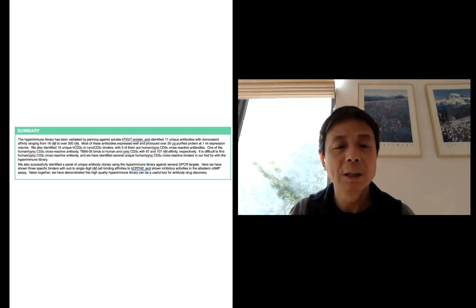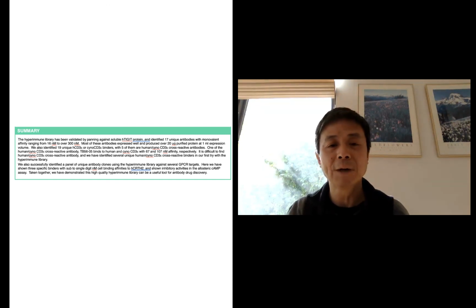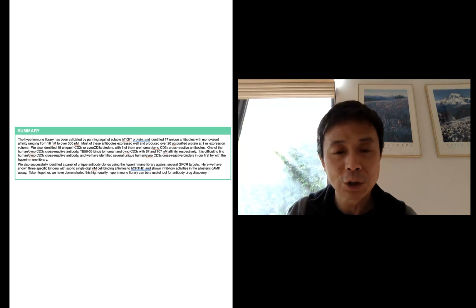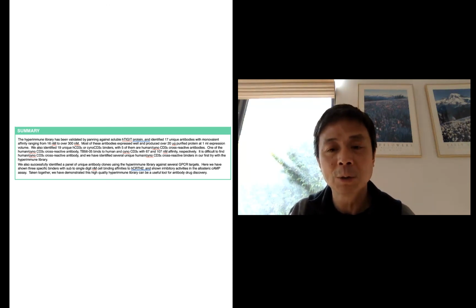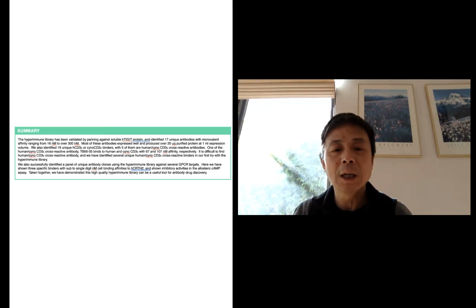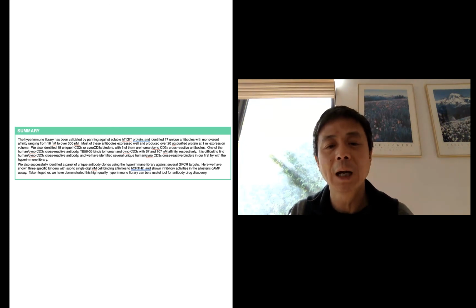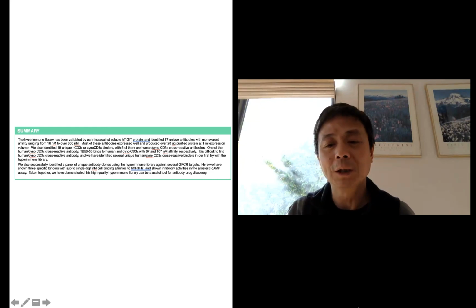Then we demonstrated that we can use this library to identify a panel of unique GPCR binding antibodies, which are fully functional and have very potent inhibitory activity against CRTH2 activation. Taken together, we demonstrate this is a high-quality hyperimmune library that can be a useful tool for antibody drug discovery.